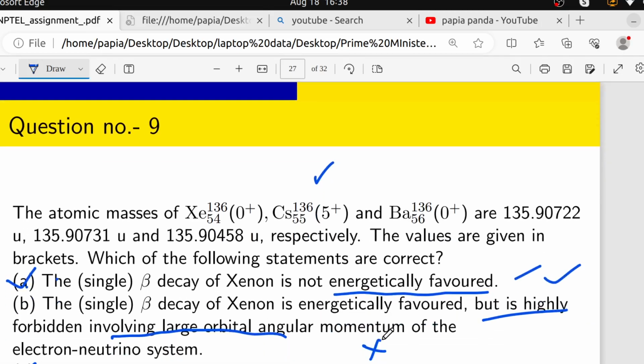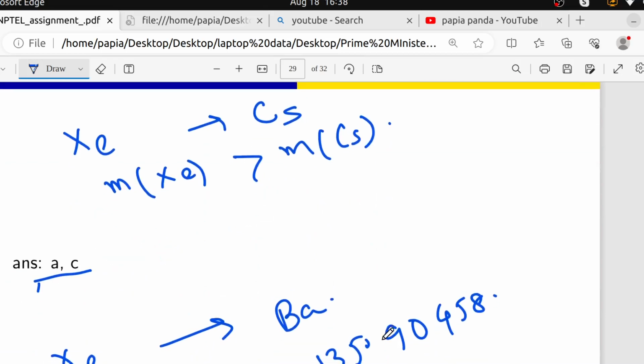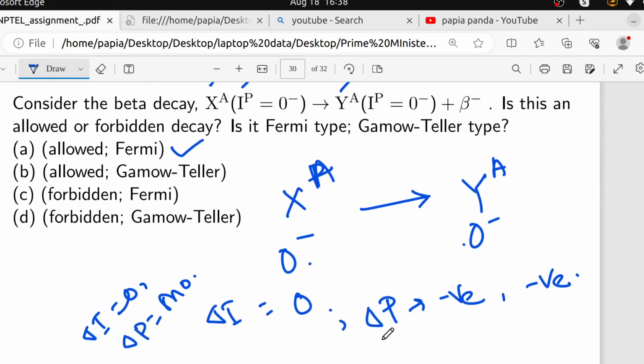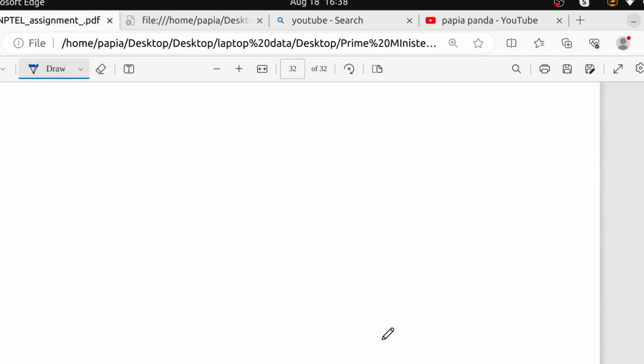This is a very good question, in my opinion, because in only one question there are 3 things we have to consider. Then question number 10 is very similar to that Fermi type and Gamma-Taylor type, and it's done.